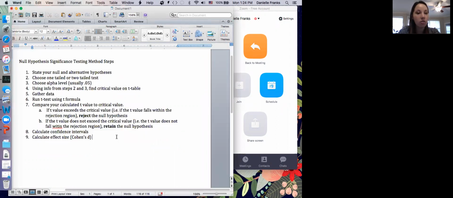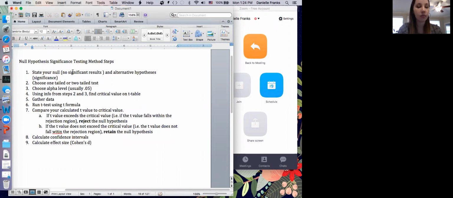The first one you're going to do is state your null and your alternative hypotheses. Remember that the null argues that there is no significant result, and the alternative argues that there is significance. We're going to state our null and our alternative hypotheses in terms of the experiment.